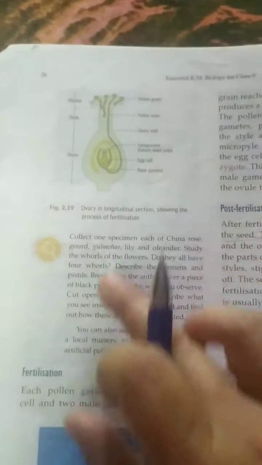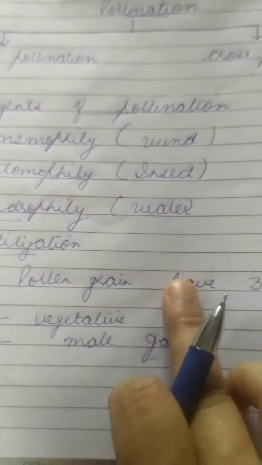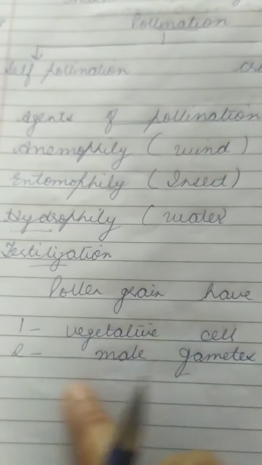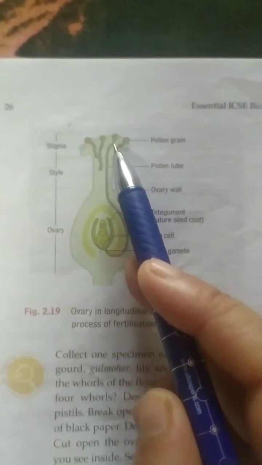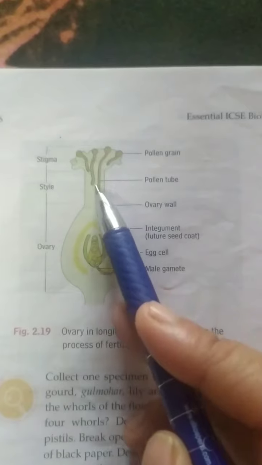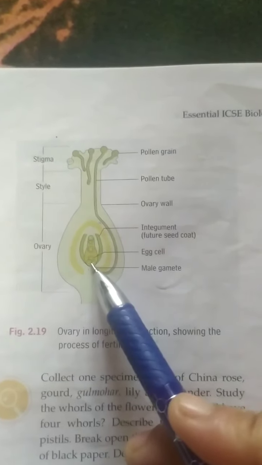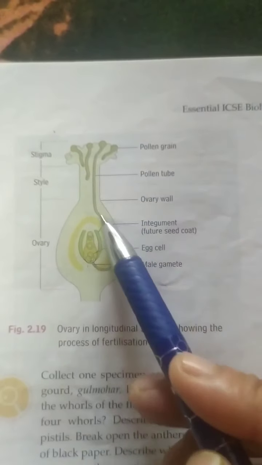Next, now we will discuss the process of fertilization. In the animated video also you have seen. So students, you know that pollen grains have three cells, or three gametes: one is the vegetative cell and two are the male gametes. During the process of fertilization, one of the pollen grains makes the pollen tube. From the style, this pollen tube reaches the ovary, and through this tube only the two male gametes enter inside.